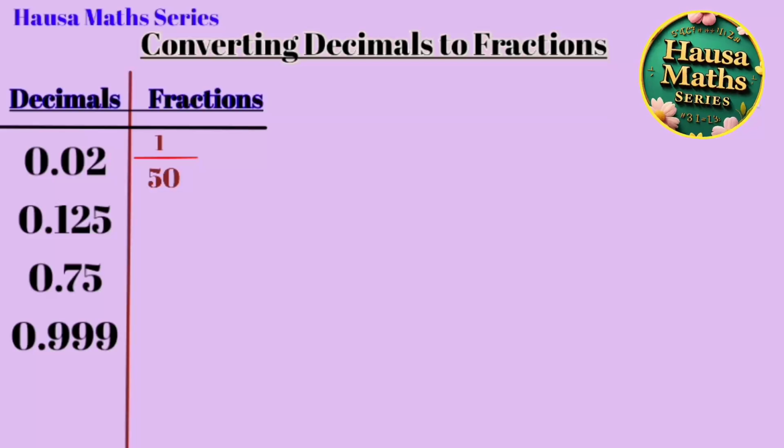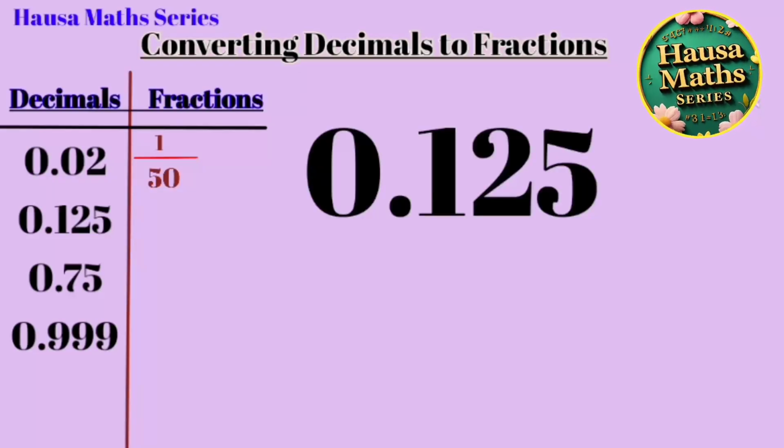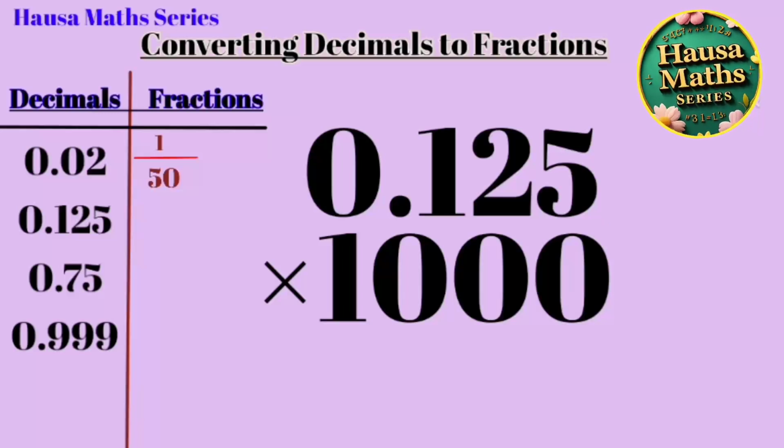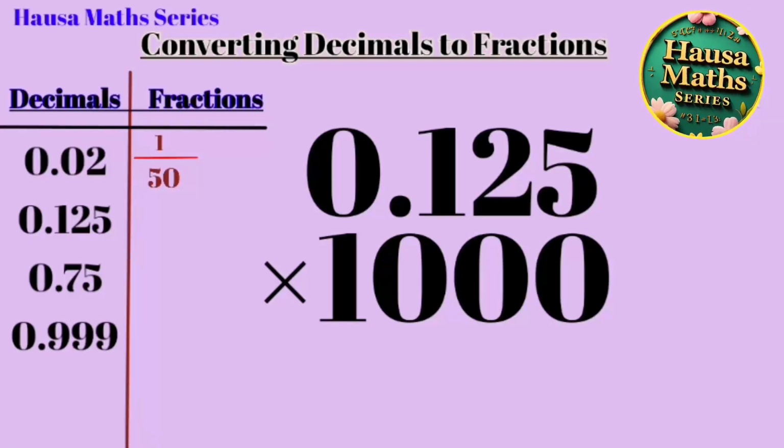Then the second one, 0.125. So look at it. We have 125, 3 decimal places after the point. So we are going to multiply by 1000 so that we can eliminate this point. So 0.125 multiplied by 1000, and we are going to divide by 1000 after we have concluded this result.